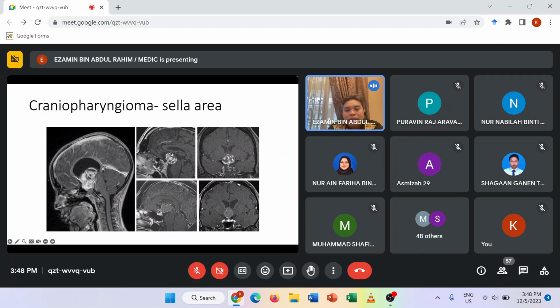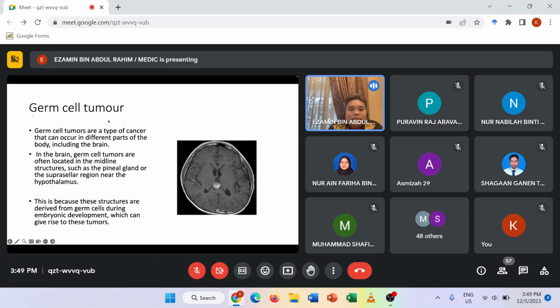So if you see this in the pituitary area in a pediatric patient, this one is pituitary. See the small one here? This area, alright? Craniopharyngioma, and the appearance is a bit bleedy because of the blood.